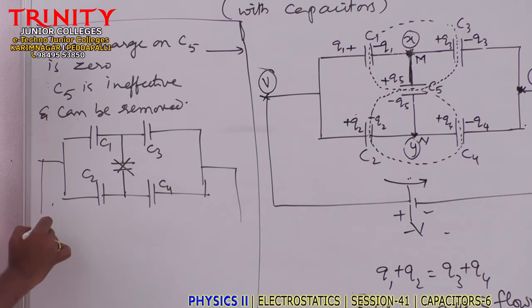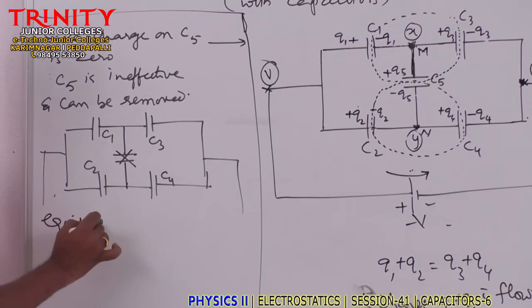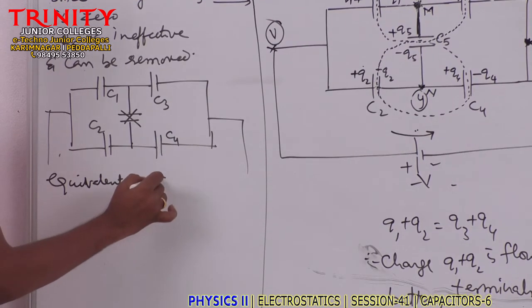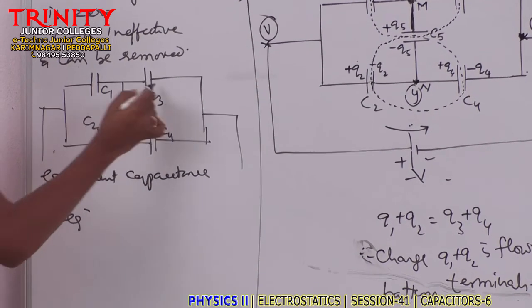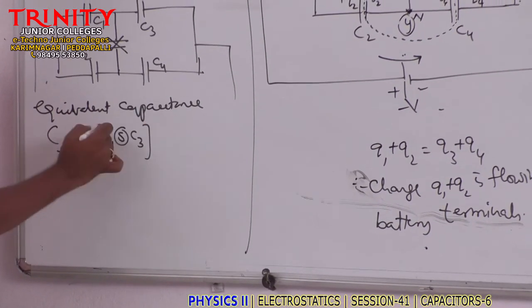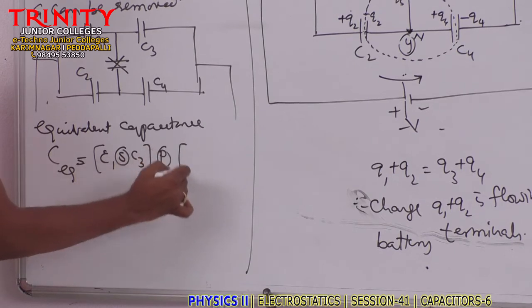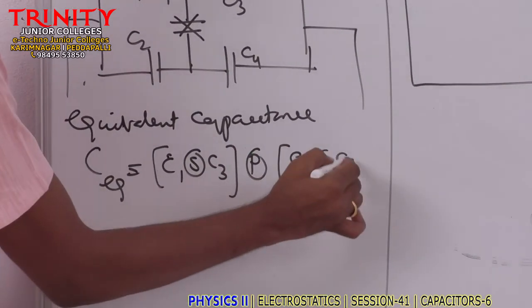Now in this case the equivalent capacitance is simply, C equivalent is C1, C3 are in series and in parallel to the C2, C4 series combination.